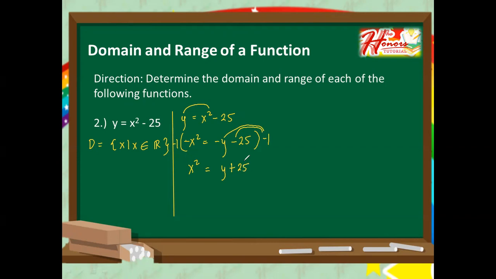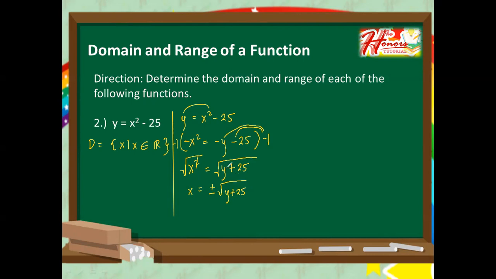But we are not yet done solving for x because we have here our exponent, which is 2. So therefore, you have to get the square root of x squared and get the square root of y plus 25. So cancel. X is now equal to positive negative square root of y plus 25.